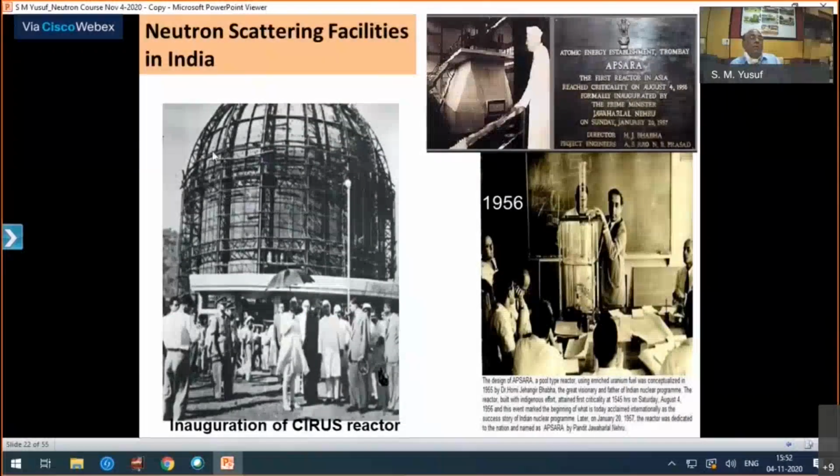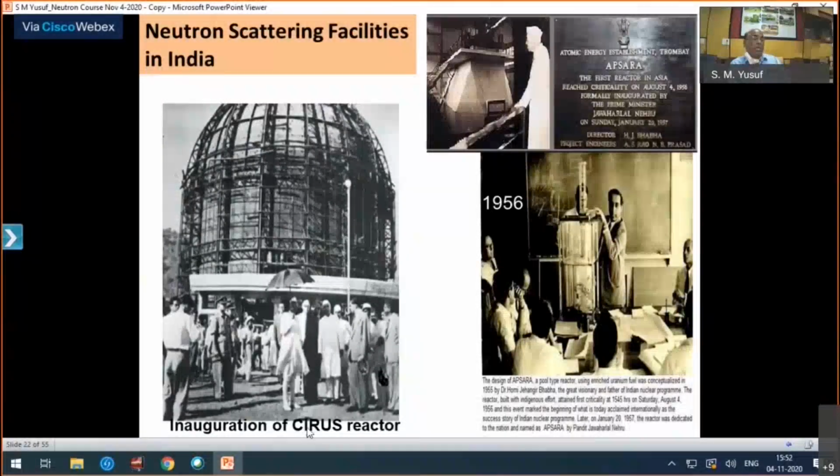I will not go too much into the history, but just to give 1 or 2 slides. Here you see the first research reactor was built at Bhabha Atomic Research Centre, Mumbai, where I am from. And Pandit Jawaharlal Nehru is inaugurating this. It is Apsara, as you see, and the year you see is 1957.